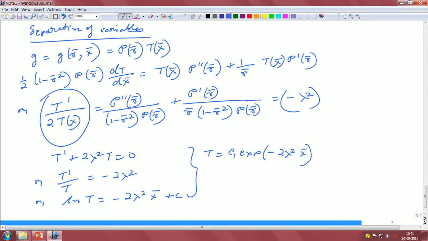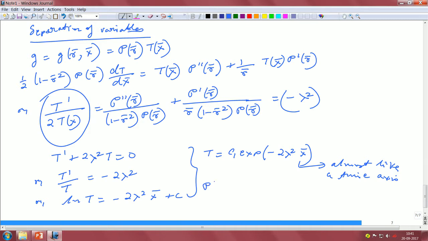As you can see, if this lambda square was chosen as positive, this would have come plus over here. If it would have come plus, then this temperature would have actually shown an increase with respect to x. Okay. So, that is something that is not feasible. So, here you can see this is almost like a time axis. This is of course what you see in conduction also, that there is a decay. So, this is almost like a time axis, the first solution.